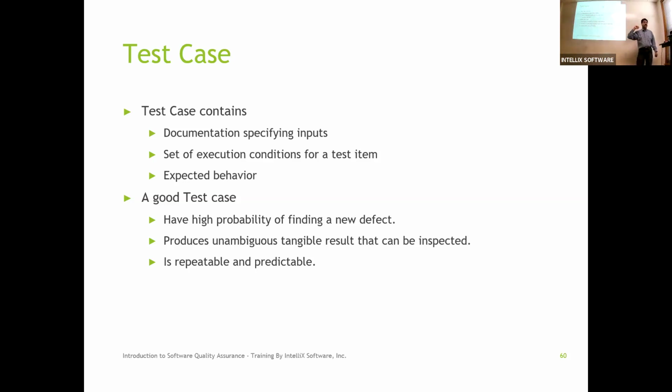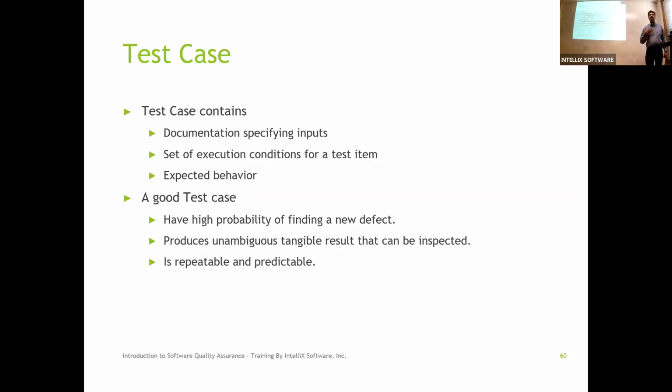Also, another aspect of test cases: if I give the same condition and the same input, I should be able to repeat it, and it should be predictable. That means every time it should give me the same results. Think of a calculator, right? If you do 2 plus 2, it should give you 4 as an answer.